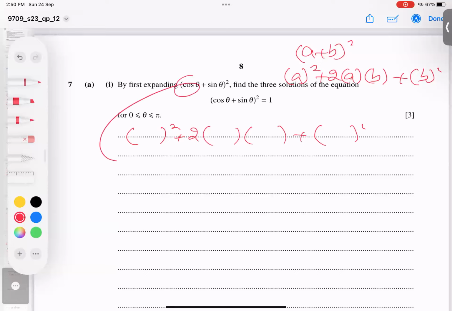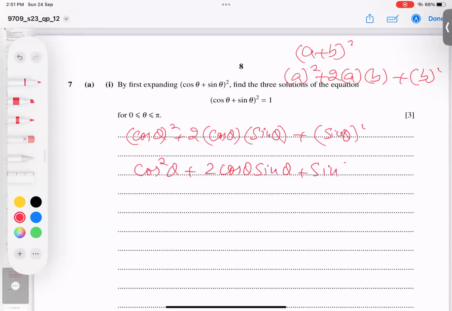Here cos is going in the first bracket, sine is going in the next, so that's simple. Nothing hard now. Okay, simplify: cos square theta plus 2 cos theta sine theta and plus sine square theta.